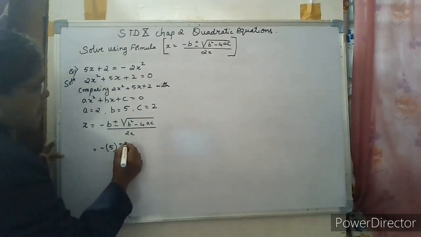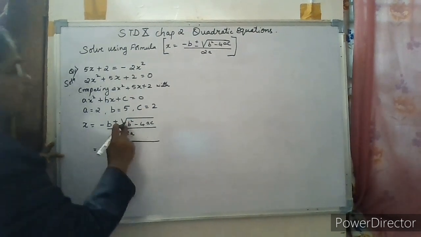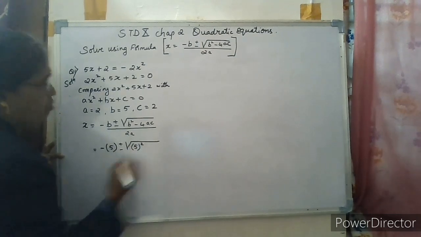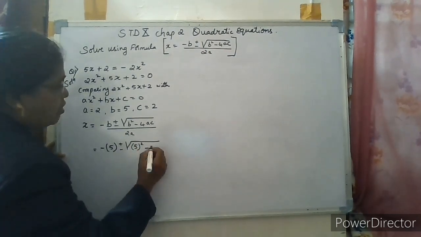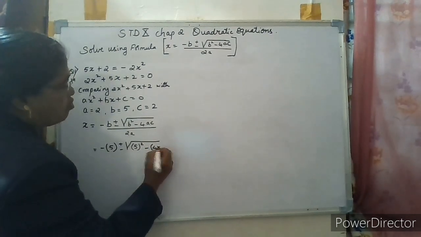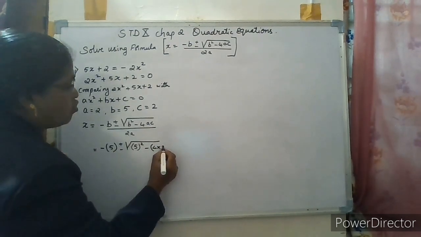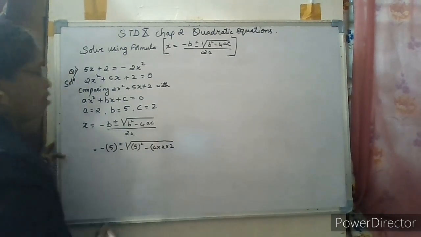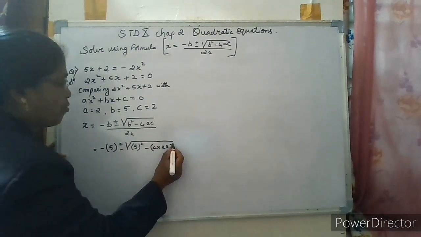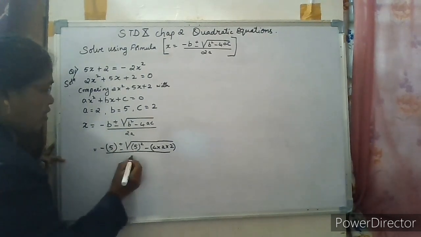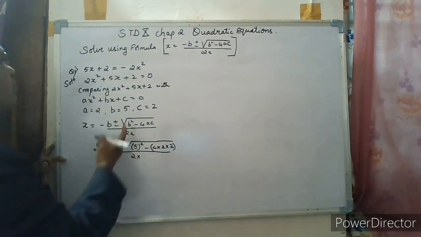Plus or minus root of, under the root, what is b? 5, 5 the whole square. Minus, here also put the bracket. 4 into a is 2 into c is again 2. The root must come up to here. Upon 2a, 2 into a value is 2.